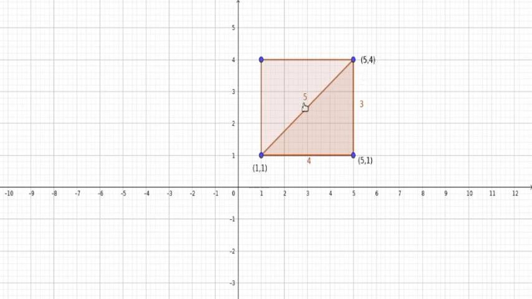But this case is an arbitrary case, and we need a general formula to find the distance between 2 points on a plane. Now my aim is to find a formula to find the distance between any 2 points on a plane. Okay. Suppose here I have 2 points.